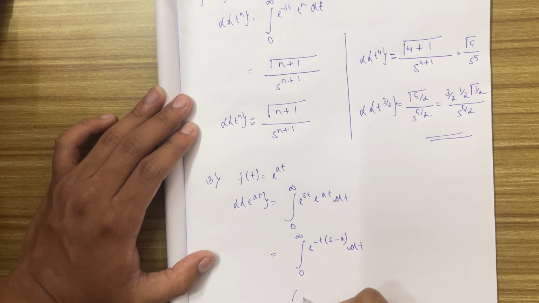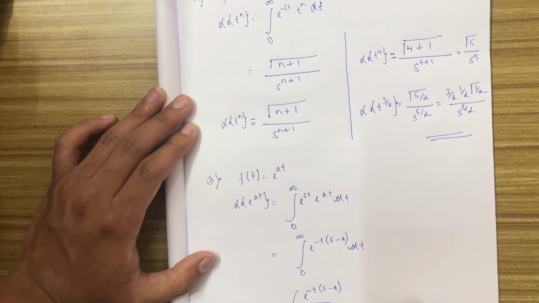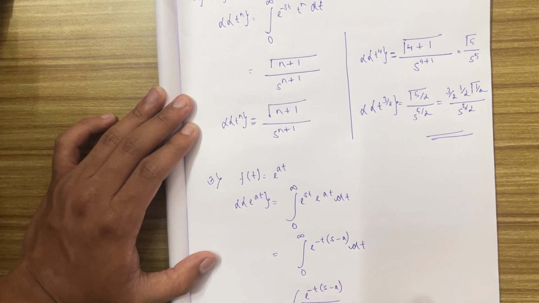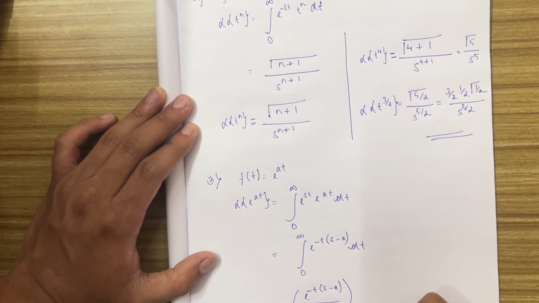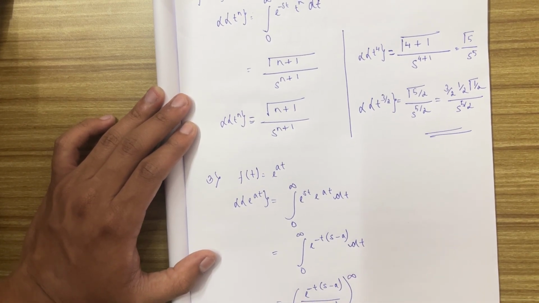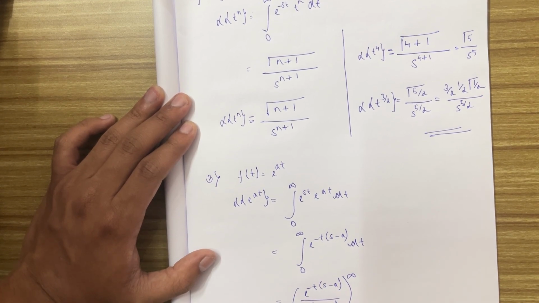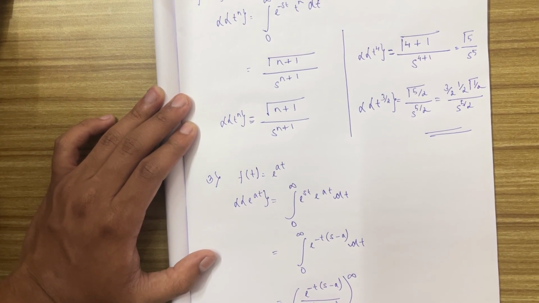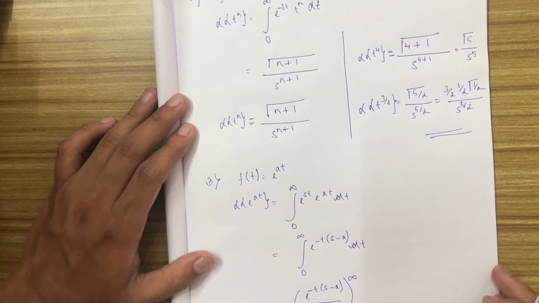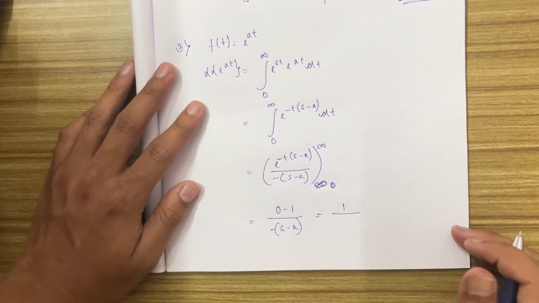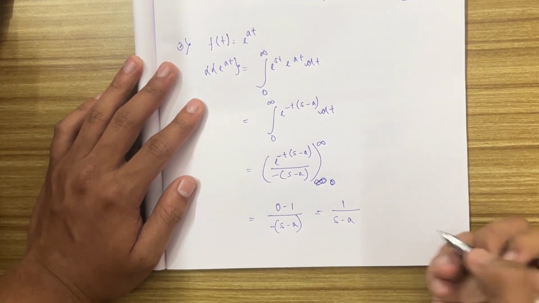Now we will take e to the power minus t(s minus a) divided by minus (s minus a), then the lower limit and upper limit. So overall we get 0 minus 1 over minus (s minus a). So what we're going to get is 1 by s minus a.